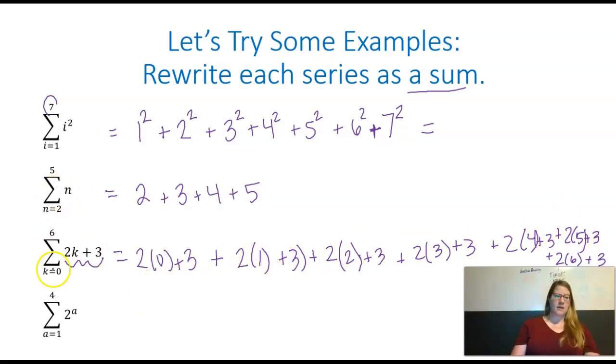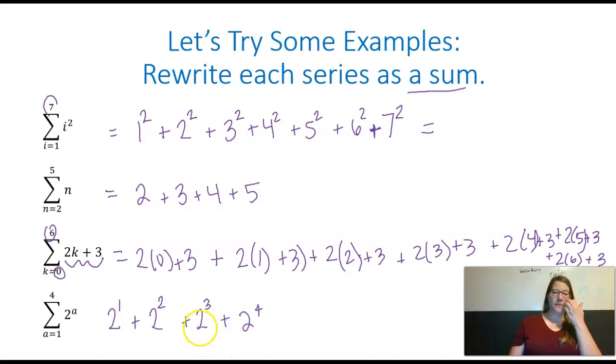I always start at this number and end at this number. They just go up by 1. I plug each number in and then add them all together. So on this one, I have 2 to the power of a. My a is going to start at 1 and it's going to go up to 4. So 2 to the first power plus 2 to the second power plus 2 to the third power plus 2 to the fourth power.